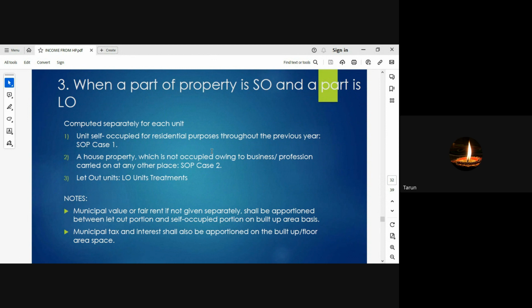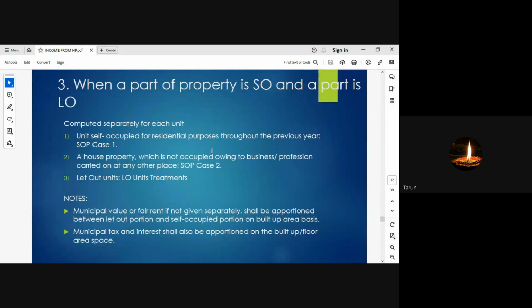Notes are already given. Municipal value or fair rent, if not given separately, shall be segregated accordingly between the let out portion and the self-occupied portion on the built-up area basis.